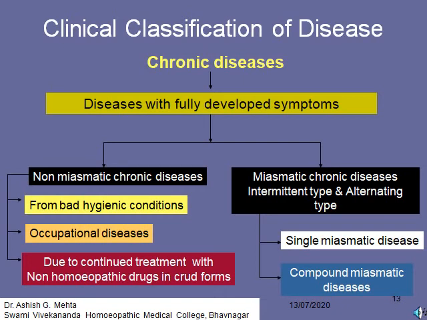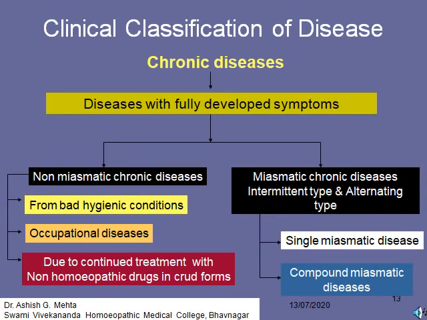They are labeled this way because of their causative factors. In non-miasmatic chronic disease, no single miasm is responsible for the development of such diseases. And in miasmatic chronic disease, the responsible factor behind developing the whole chronic disease is miasm or miasms. It may be a single miasm, it may be more than one miasm.